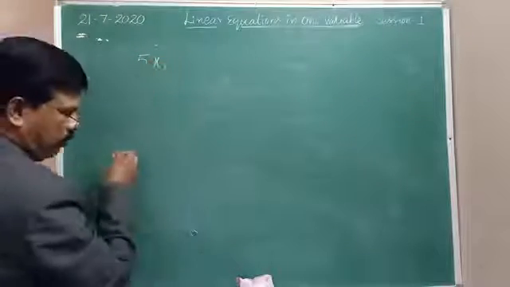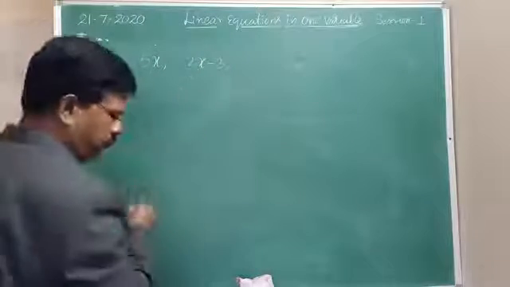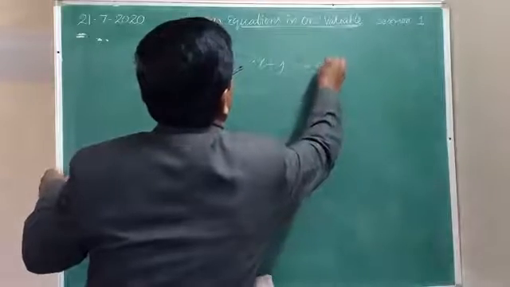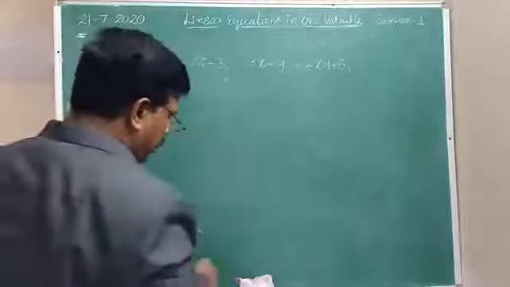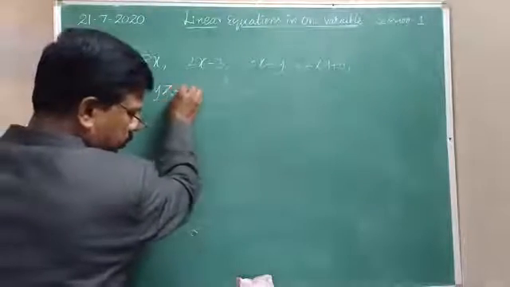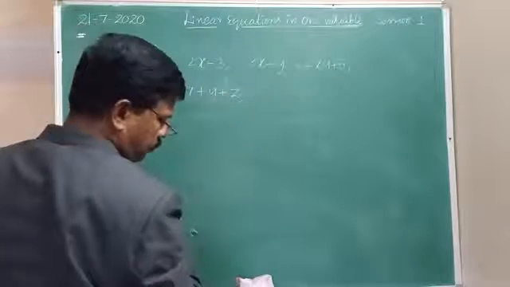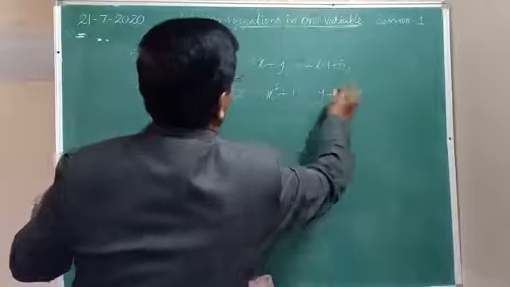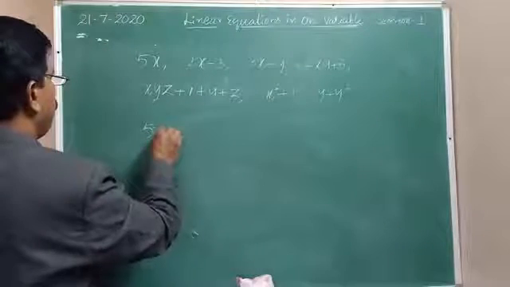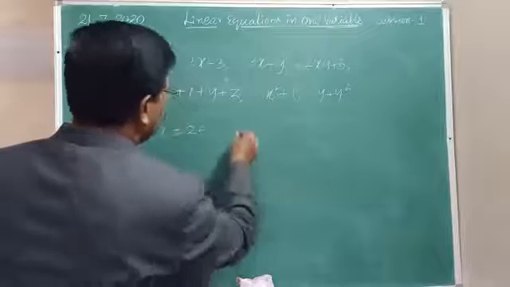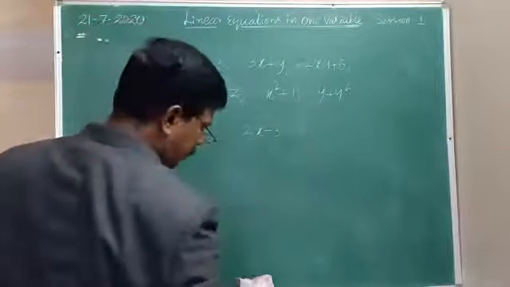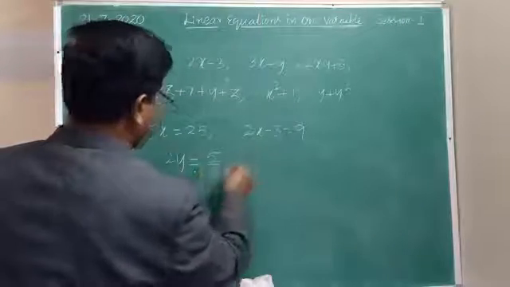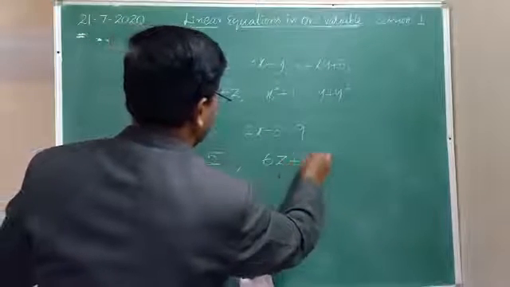It is given in your textbook. 5x, 2x minus 3, 3x plus 5, 2xy plus 5, xyz plus x plus y plus z, x square plus 1, y plus y square, 5x is equal to 25, 2x minus 3 is equal to 9, 2y equals 5 by 2, 6z plus 10 is equal to 2.